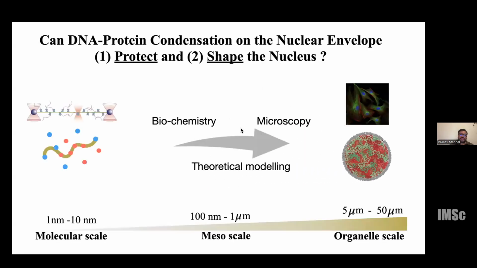To answer this, I am going to use a single molecule approach where we have used optical tweezers, and I will show that using optical tweezers one can show different mesoscale effects that can ultimately lead to some organelle scale phenomena, showing that indeed DNA protein interaction can protect and shape the nucleus.